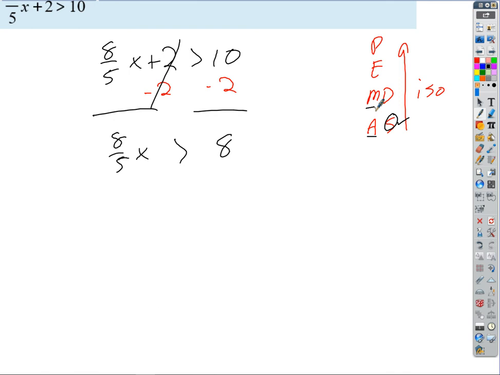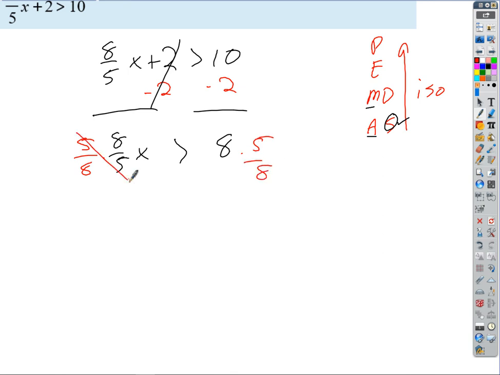Okay, typically we undo multiplication by dividing, and that's correct. We're going to divide both sides by 8/5, but that doesn't sound good, right? Dividing by a fraction is harder than multiplying by a fraction. When we're dividing both sides by a fraction, what do we always do instead? Multiply by the reciprocal, right? So if we're trying to get rid of multiplying by 8/5, we're just going to multiply each side by 5/8.